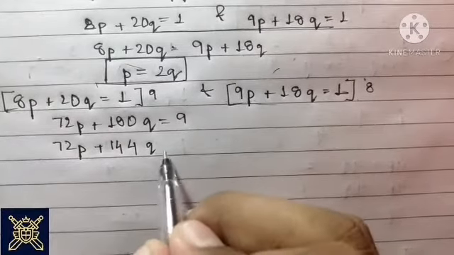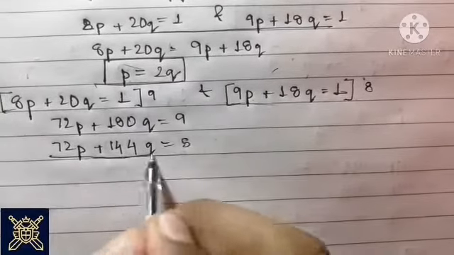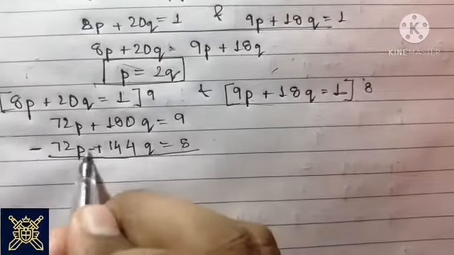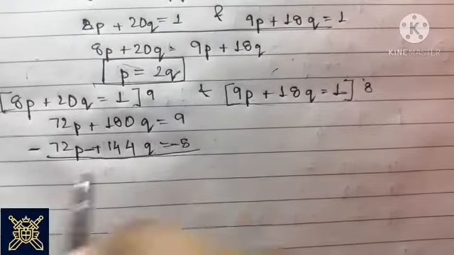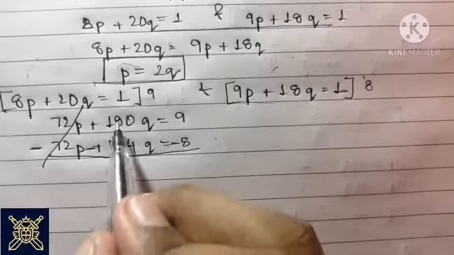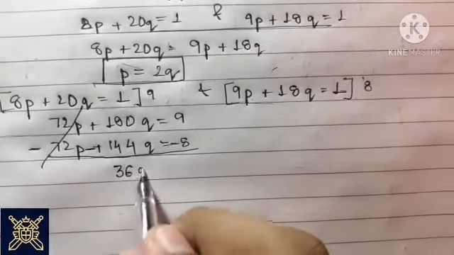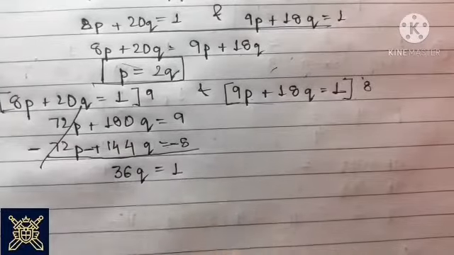So this is 144q is equal to 8. Now when you subtract this equation from the above one, you eliminate the p term, and you are left with 180 minus 144, that is 36q is equal to 1.